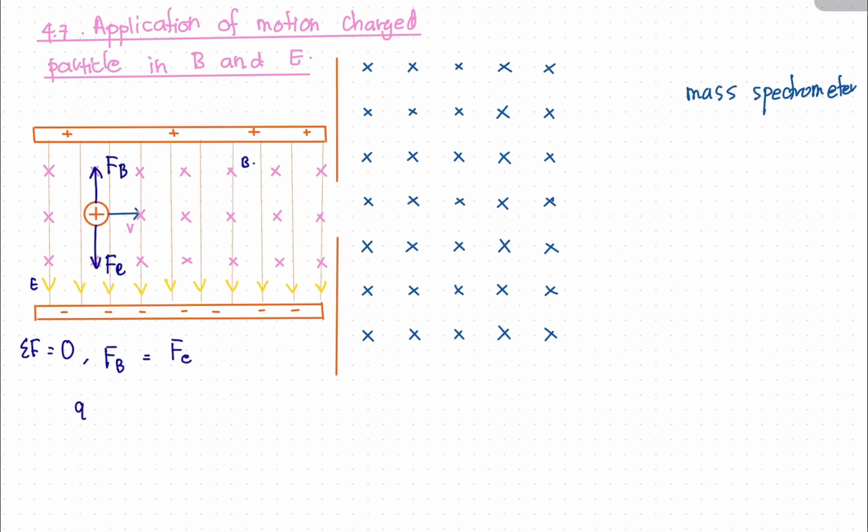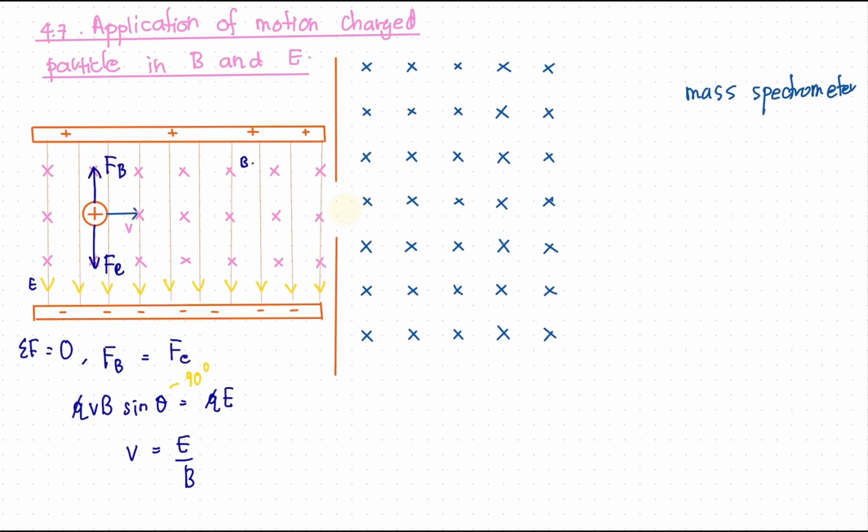FB we learned is QVB sin theta, and FE is equal to QE. Theta is the angle between V and B. V is to the right and B is into the page, so theta equals 90 degrees. Q cancels out, and we get velocity equal to E over B.